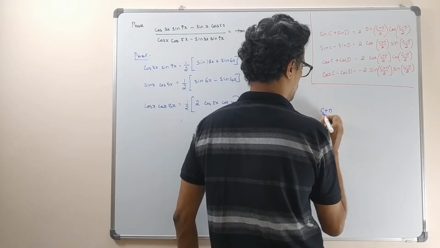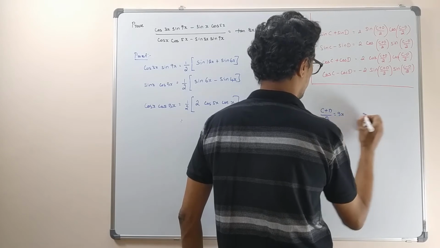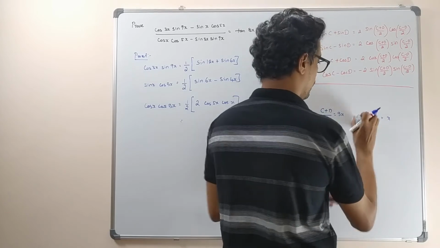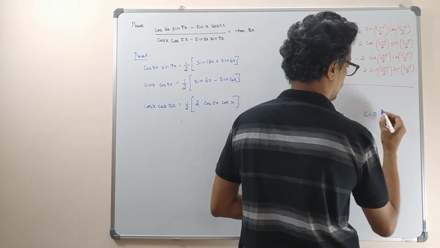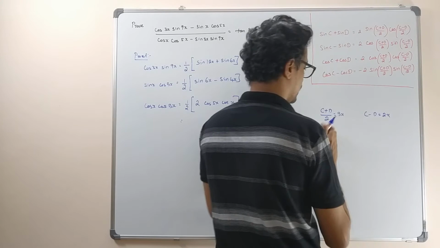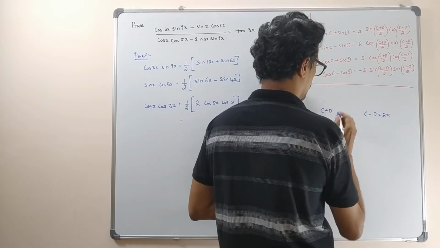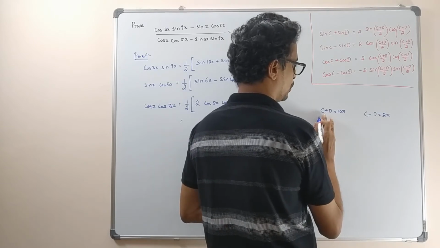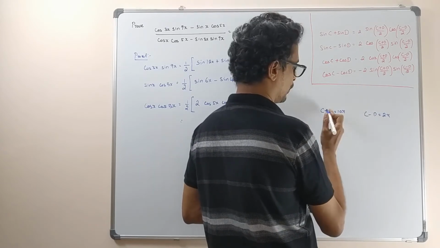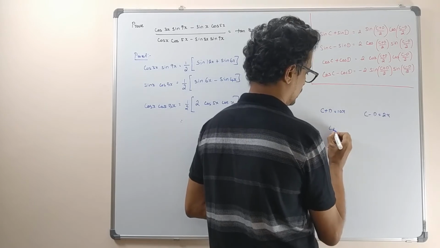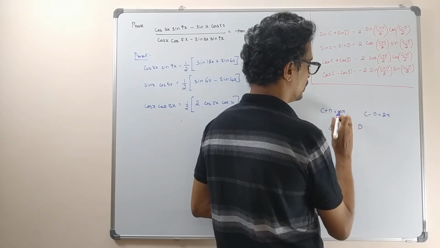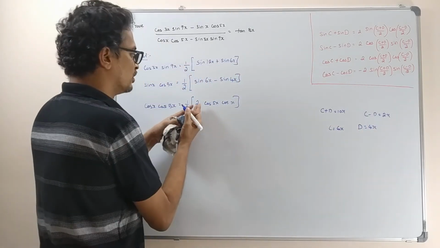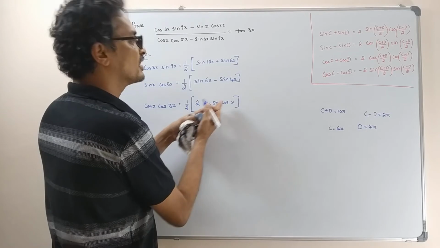Okay. So what will this be? (c plus d) by 2 equal to 5x. (c minus d) by 2 equal to x. Correct? So c minus d equal to 2x. And c plus d equal to 10x, correct? Tell me, so 2c equal to 12x. So c equal to 6x. And d will be equal to 4x. So this will be cos c plus cos d, correct?